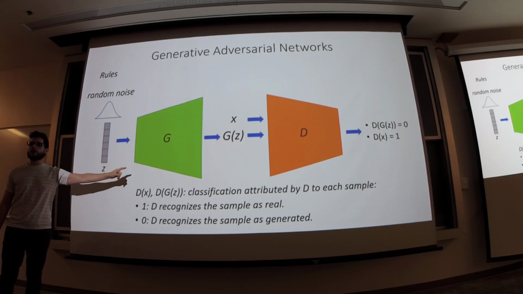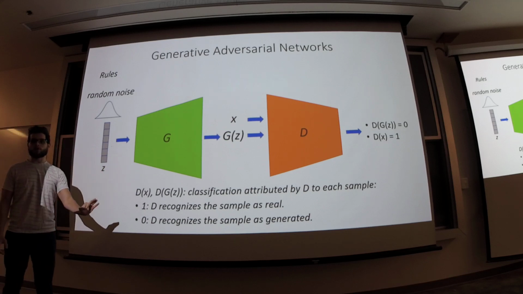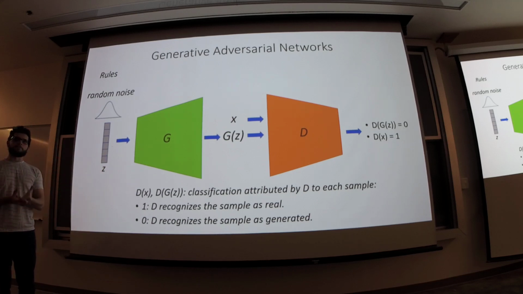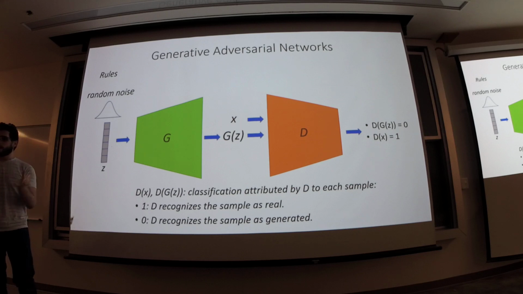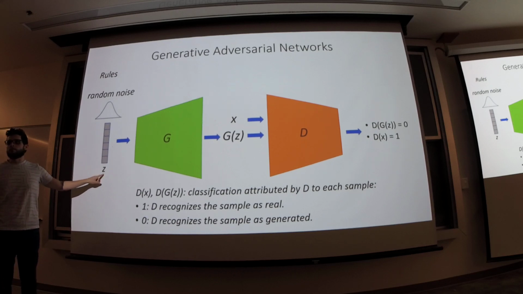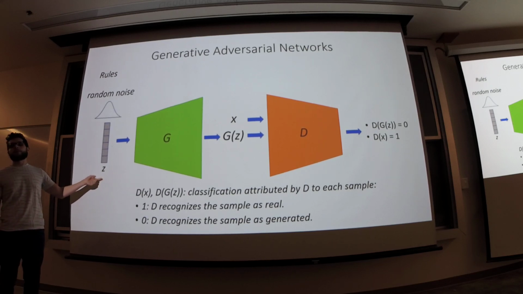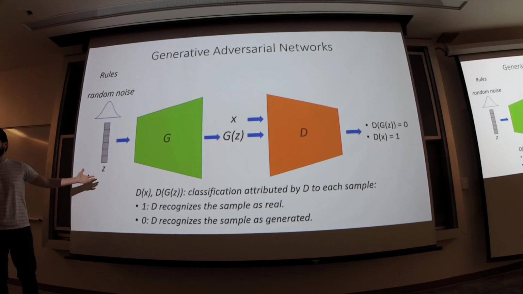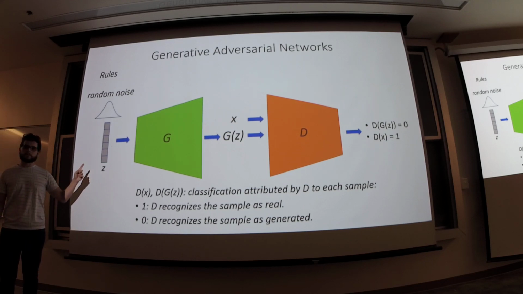Even when the generator is totally spot on and models the manifold of the real data, this Z is not a meaningful embedding. That's why I was trying to explain embedding last time, and I shouldn't have. But these features to us don't tell anything.